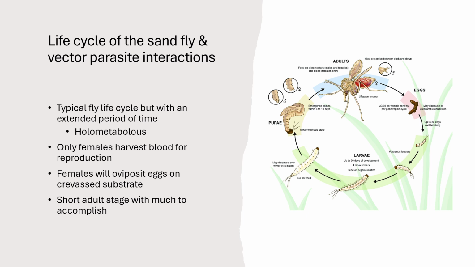Unlike mosquitoes, which also take a blood meal for reproduction, sandflies don't lay their eggs in standing water, but they do prefer moist, dark habitats that are rich in organic matter. This includes decaying plant material on a forest floor, leaf litter, and animal burrows. Cracks in walls are also a pretty common place where sandflies will oviposit their eggs.